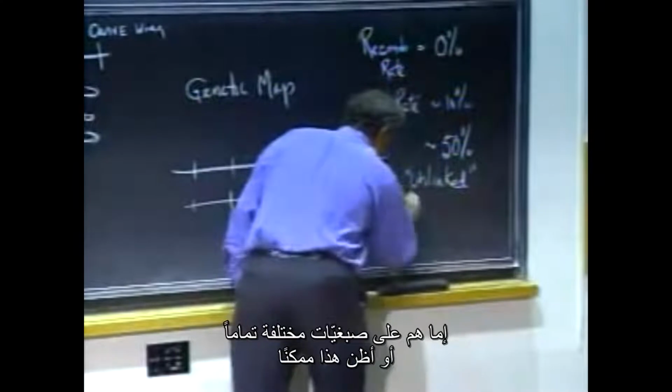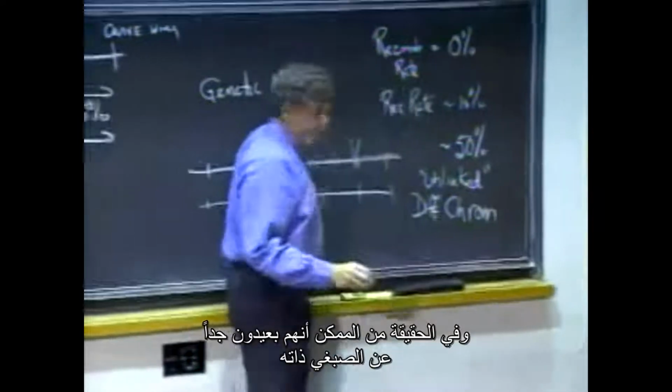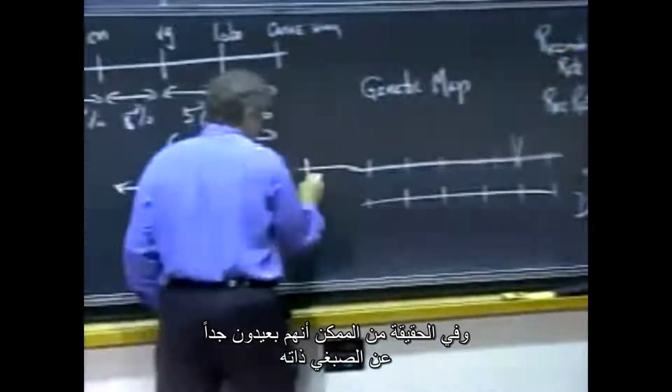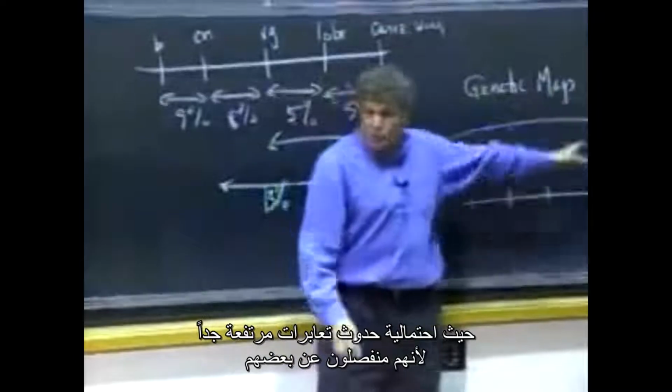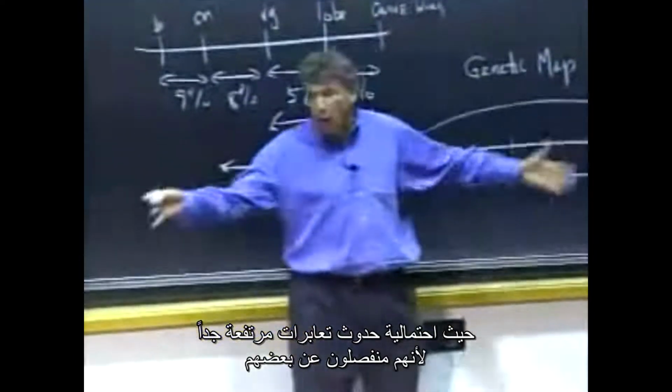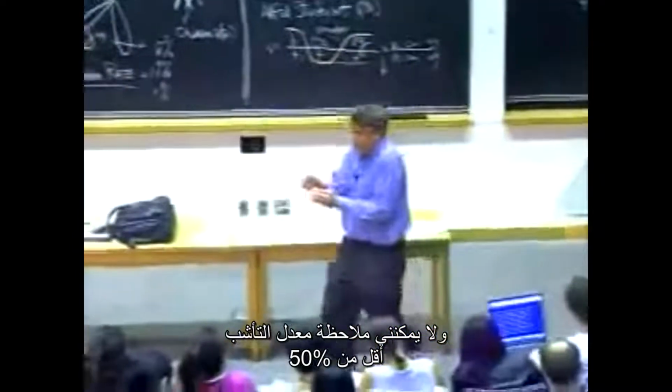Either they're on different chromosomes entirely, or it's possible, and in fact it is possible, that they're so far away on the same chromosome that the probability of crossovers occurring is so high that they're decorrelated from each other, and I can't observe any recombination rate less than 50%.